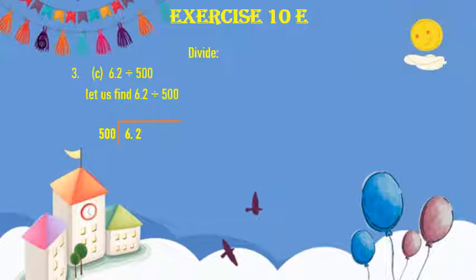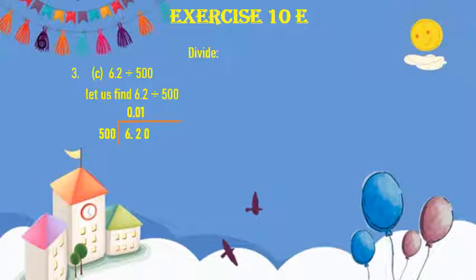After that there is a decimal point, so we will put the decimal point in the quotient and then we have the number 62. But 62 is also less than 500. So we will put 0 after 2 and now our number will become 620, and in the quotient it will be 0.0 and then we will divide 620 by 500.